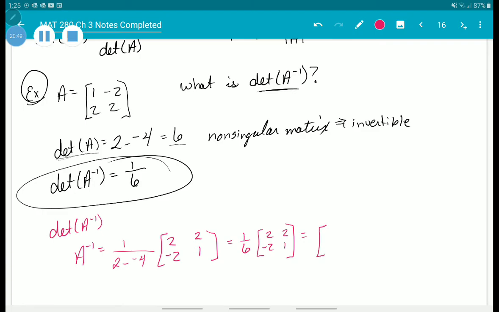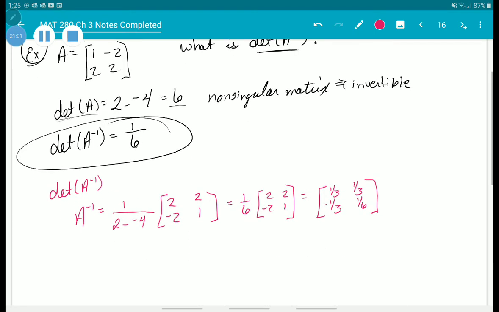So that would be 2 over 6, which is a third. 2 over 6 is a third. Negative 2 over 6 is negative 1/3. And 1 times 1 over 6 is 1 over 6. So there's A inverse. Now to find the determinant, it would be AD minus BC.